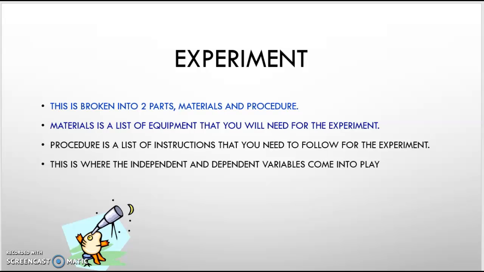Okay. So I also talked about the procedure. The procedure is, again, that list of instructions that you need to follow for the experiment. And I had said that for 6th grade, for the most part, I will be giving you a procedure. Well, let's say you're going through the procedure and you miss a step.